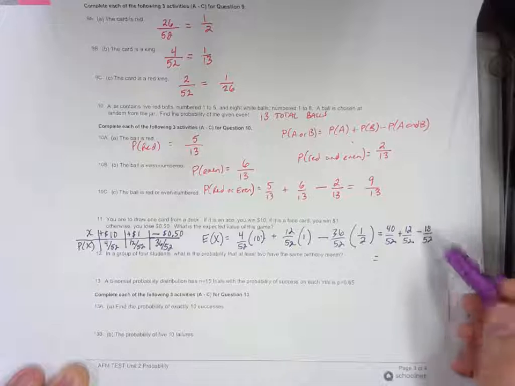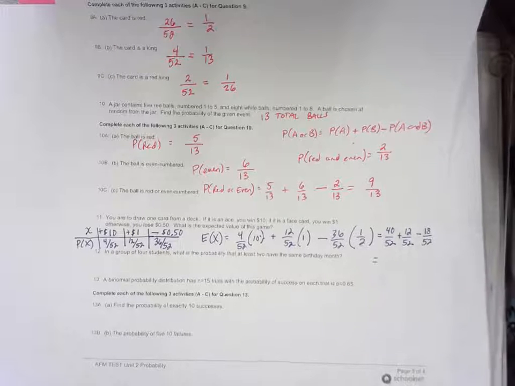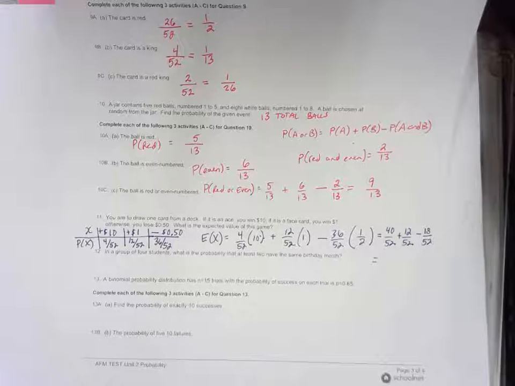That's 52 over 52, that would be 1. 40 with 12 makes 1. And you just subtract that by 18 over 52. So what do we end up with? You got 1 minus 18 over 52. Yeah, it's going to be 17 over 26.